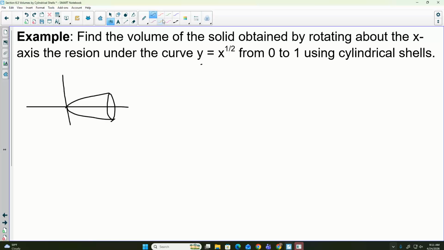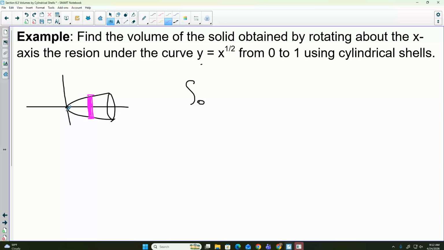But because I specifically said let's try doing this with shells, we have to change our approach from what we were doing before. We already know we're going from 0 to 1, but if I'm rotating this and I took a shell, a chunk here, the circumference, when I unfolded that, would be measured in terms of y, wouldn't it?